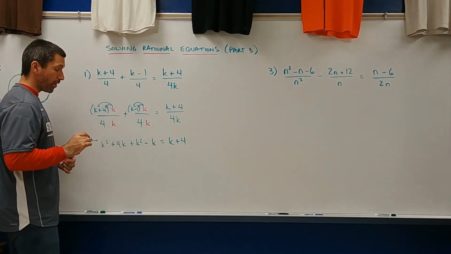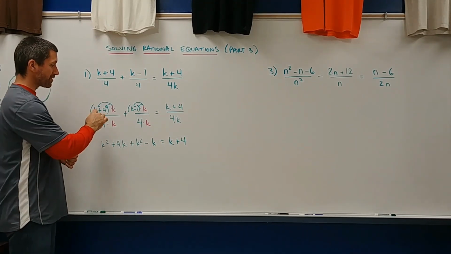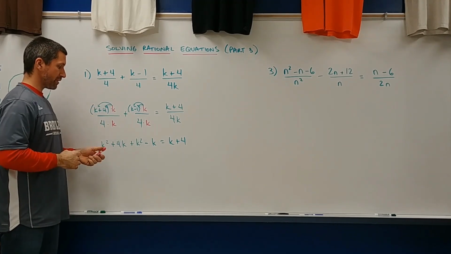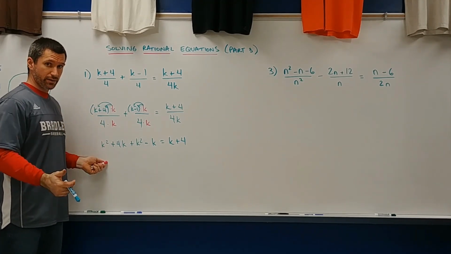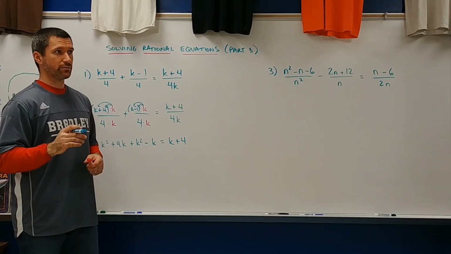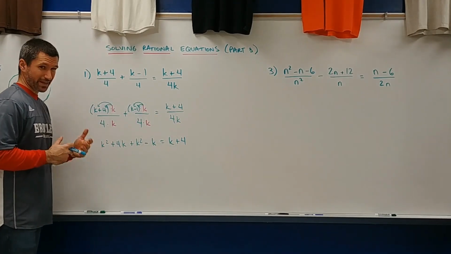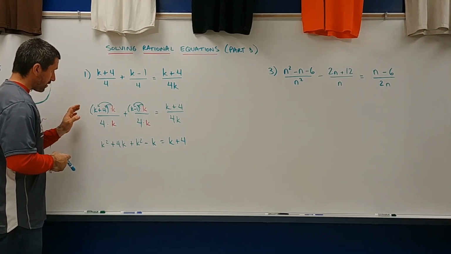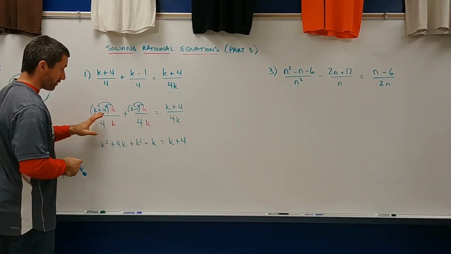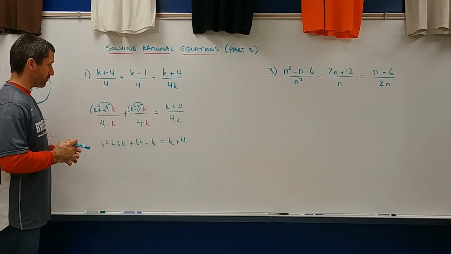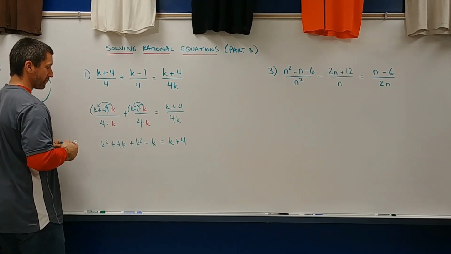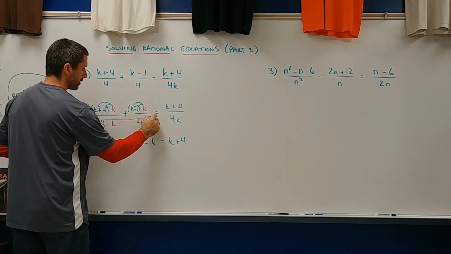Okay? What just happened? Our rational equation has now turned into a quadratic. And when that happened with radicals, you had to watch out for extraneous roots. So let's see if something like that happens today. We don't have to worry about the denominator because it's over the common denominator, right? So we're just focusing on the top. Hopefully you remember that from yesterday.